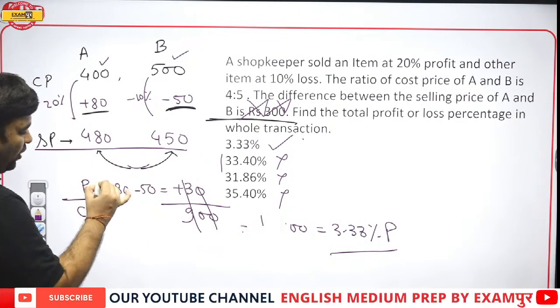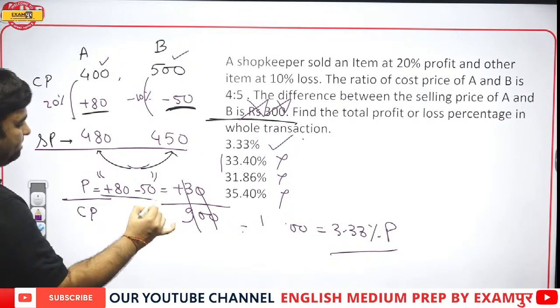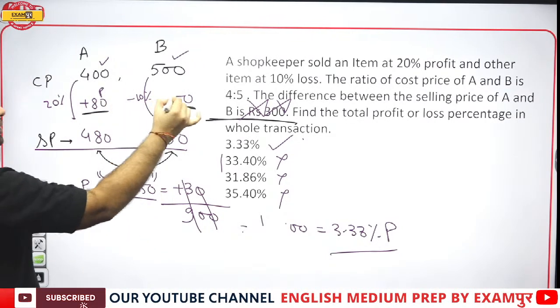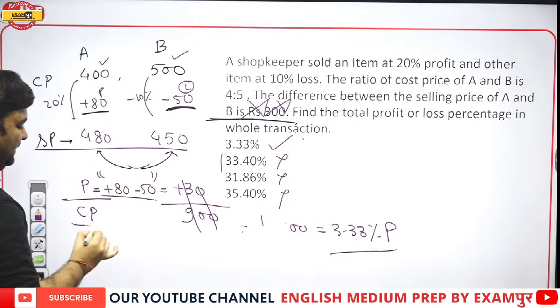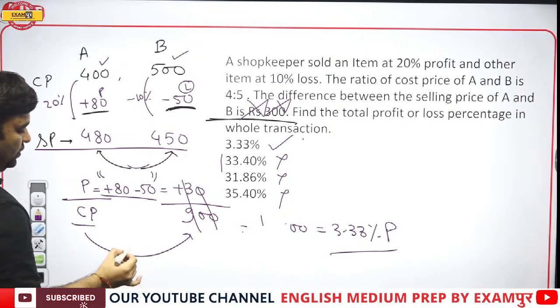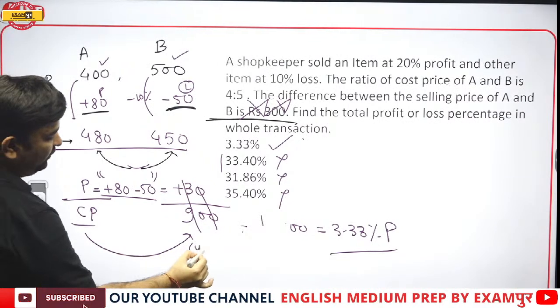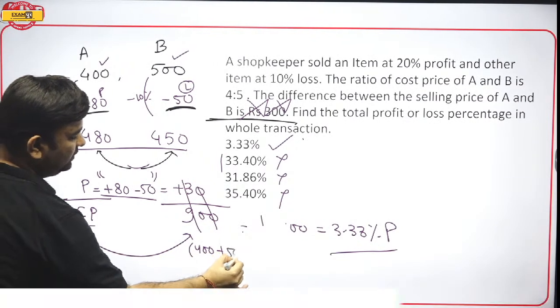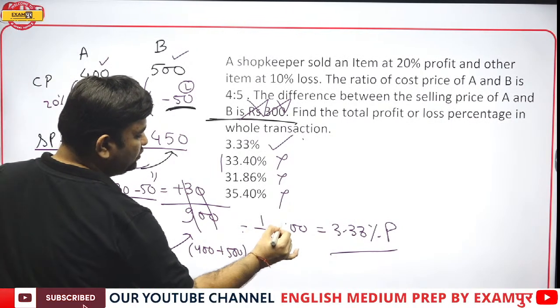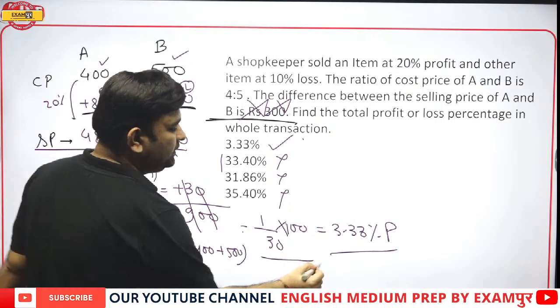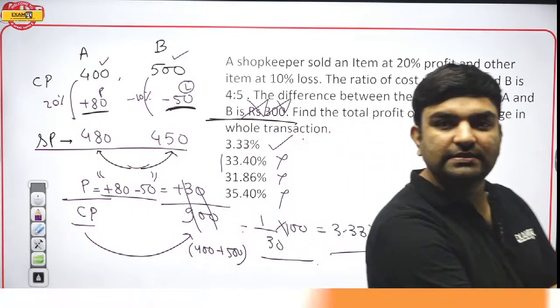So overall profit of 30, because 80 profit from here, loss of 50 from here, over the complete CP of 900, that is 400 plus 500. Have you identified, guys?